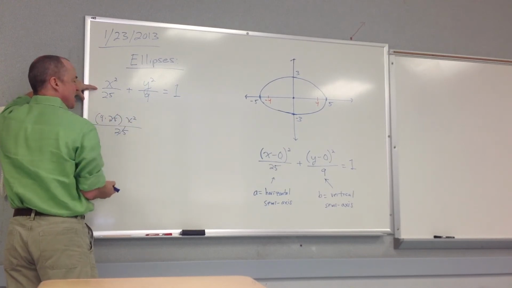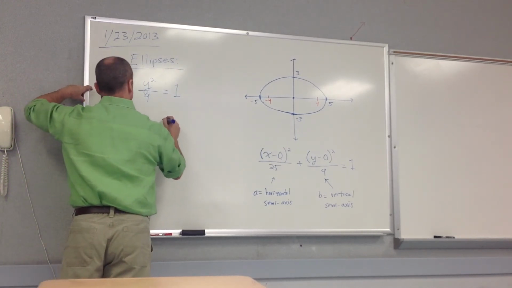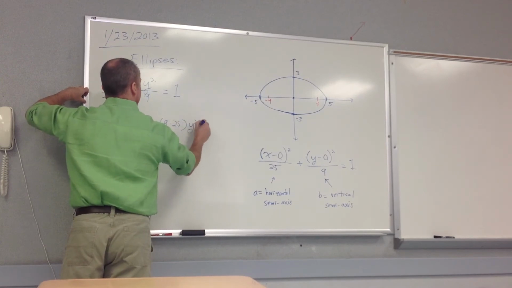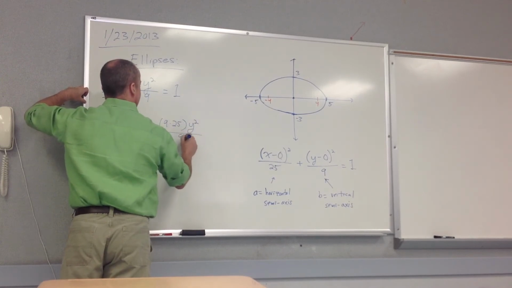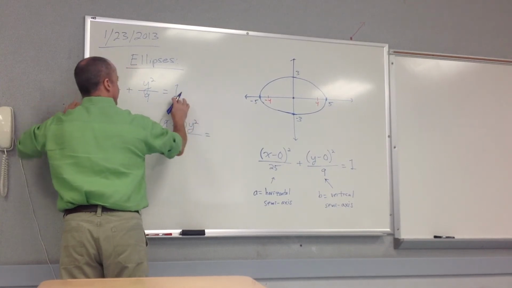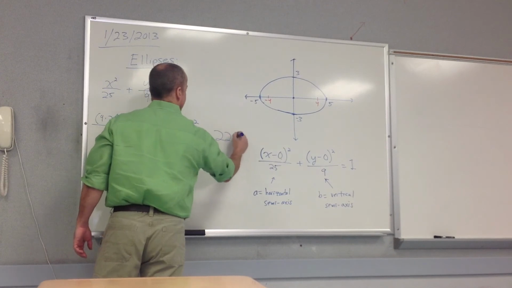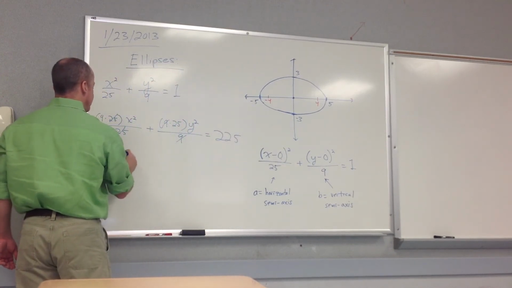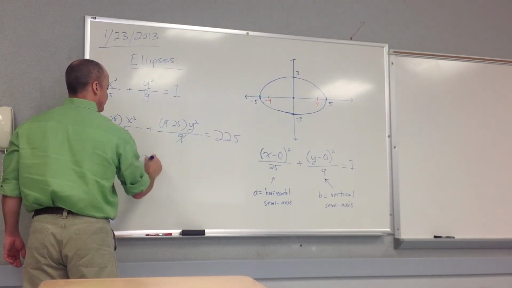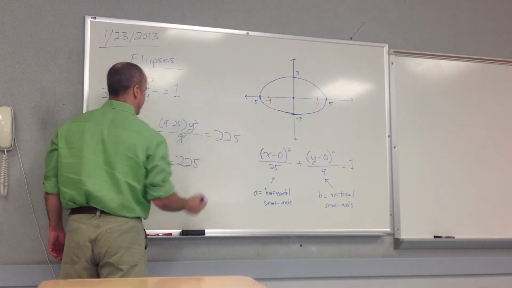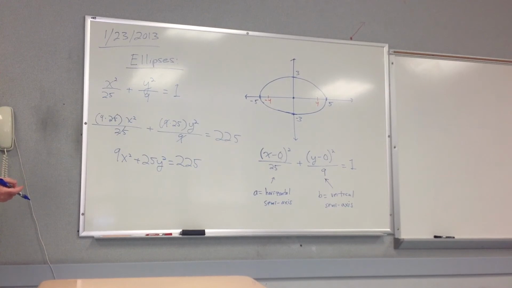The 25s will cancel. Oh, no, the other side, the 9 will cancel. Very good, Danny. And the 9 times 25 y squared over 9, the 9s will cancel, and 1 times 9 times 25 is 225. So what you get is 9x squared plus 25y squared equals 225.